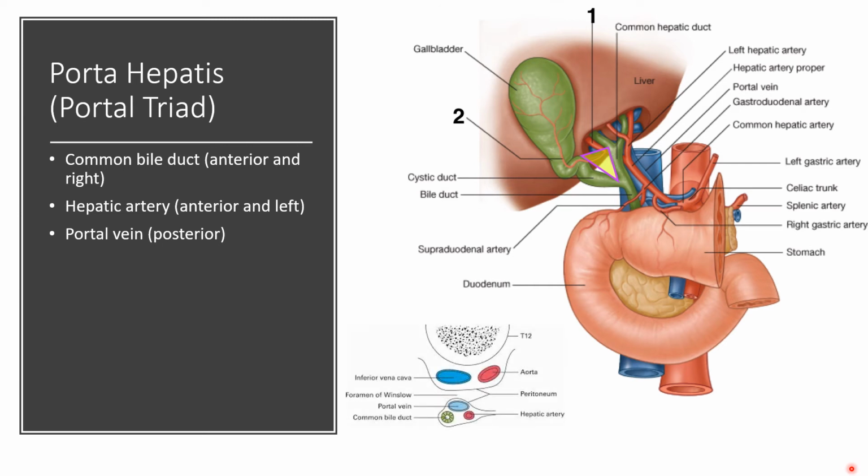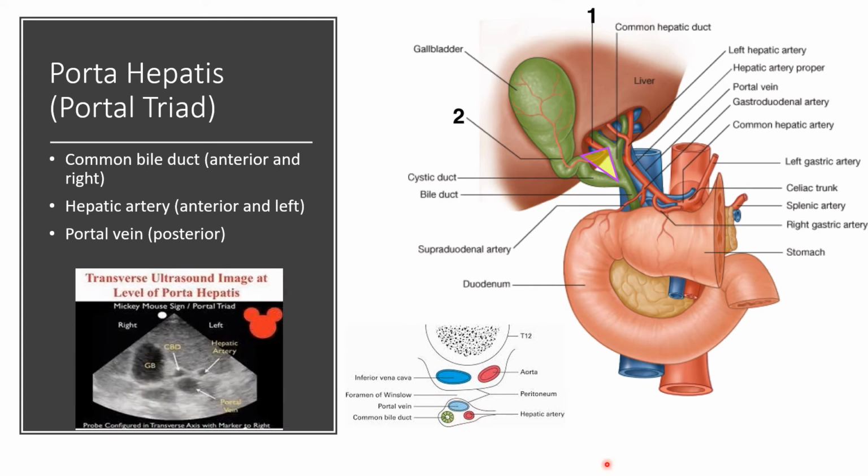And just looking at the cross-sectional area, you've got the anterior common bile duct, hepatic artery, portal vein. On a cross-section, it kind of looks like Mickey Mouse. Oh, check it out. Mickey Mouse, common bile duct anterior to the right, hepatic artery anterior to the left, portal vein posterior. Thank you, Mickey.